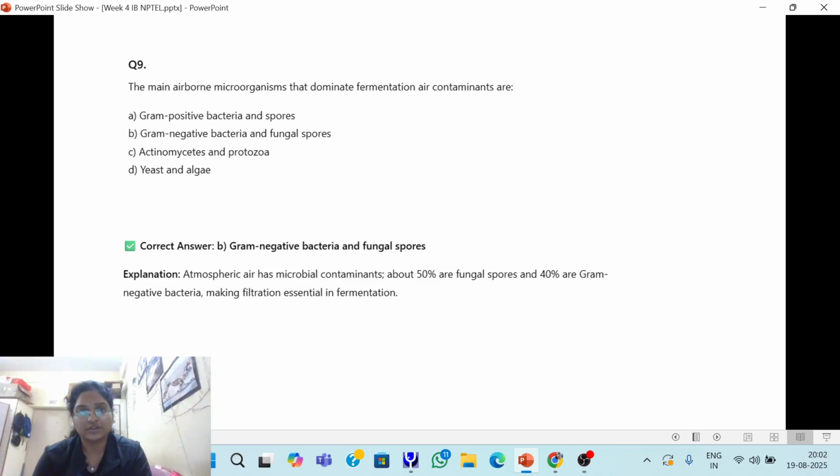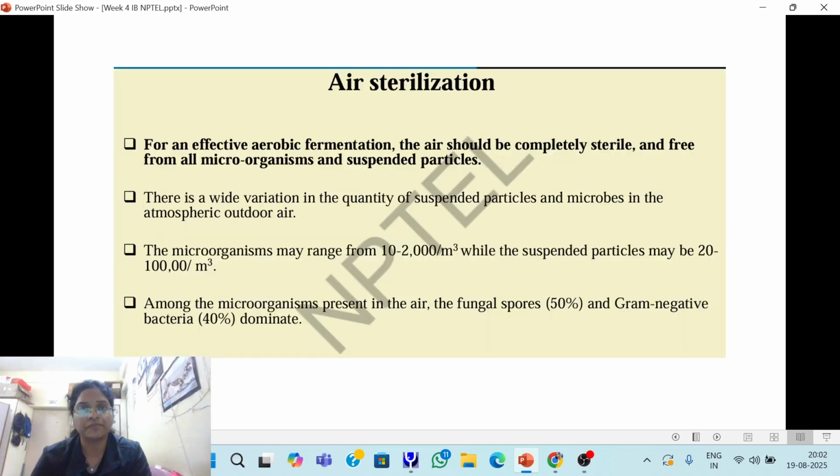That is why it is always necessary to include a filtration step in the fermentation process. These gram-negative bacteria and fungal spores dominate the fermentation air contaminants. Here you can see air sterilization.